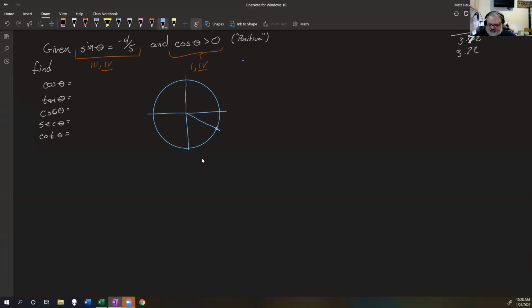I'm just drawing an example angle in quadrant 4. But what do we know? We know that this y value is going to be -4 if that radial length, or that hypotenuse, if you want to think about it that way, is a 5.